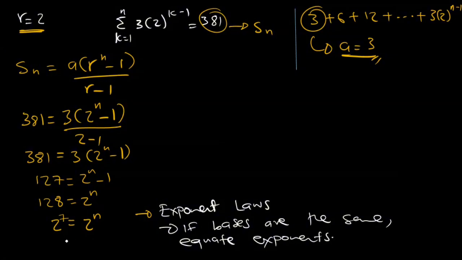Bases are the same, 2 and 2, then you equate the exponents. So 7 is equal to n. Therefore, n is equal to 7.